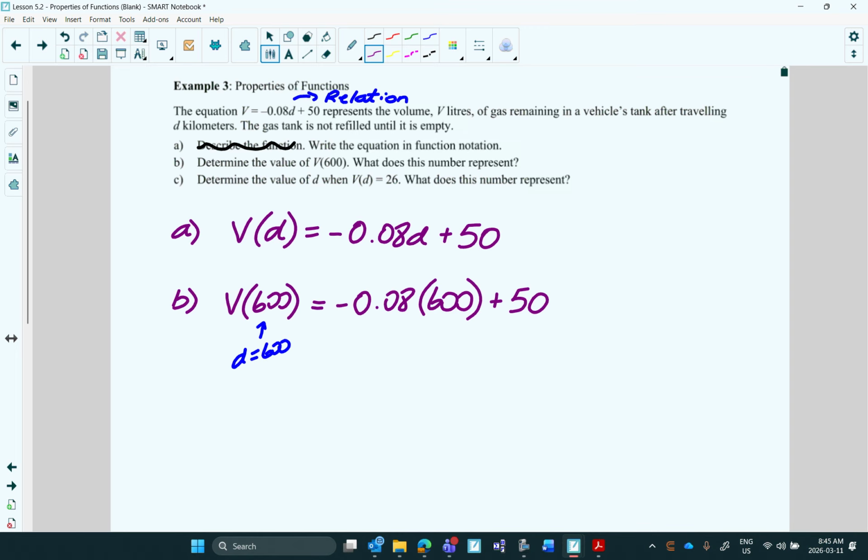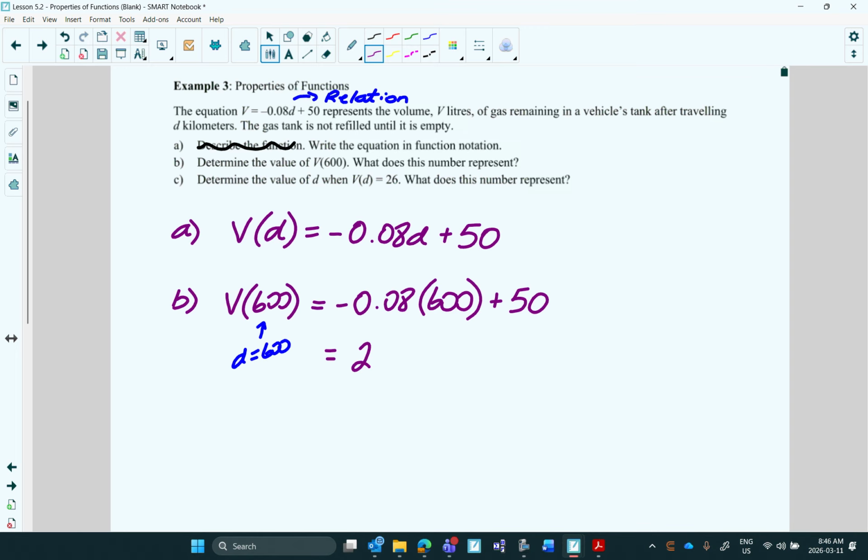So if you do that on your calculator, negative 0.08 times 600, and then you add 50. Oh, 2. Okay. Yes, that's right. 2.